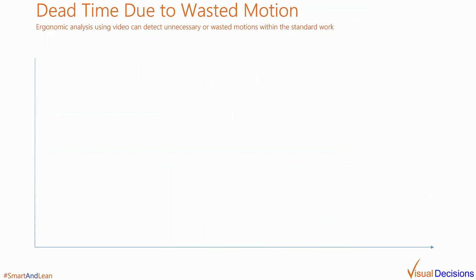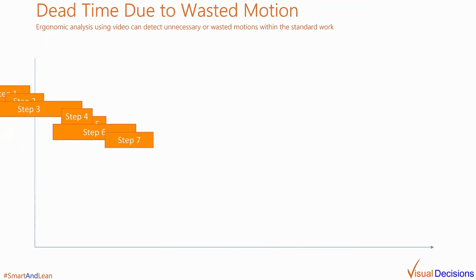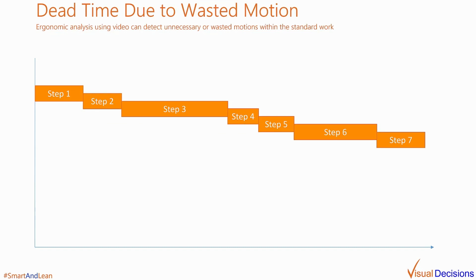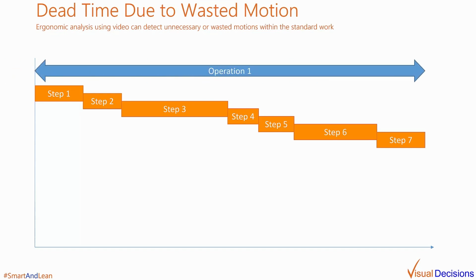So when we look at why wasted motion may be causing dead time, we can look at this on a step-by-step basis, even within an operation, and perform an ergonomic analysis using video that can detect unnecessary or wasted motions within that standard work. So this is the best operator doing these tasks. And what we see is that currently the operation takes X amount of time.